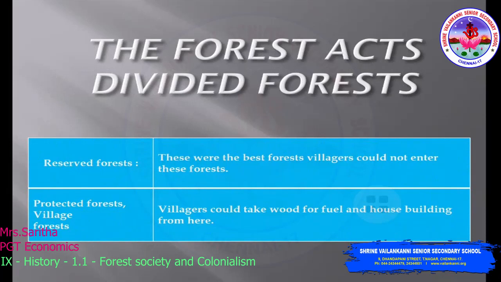Reserved forests were the best forests, and villagers could not enter them. In protected forest and village forest, villagers could take wood for fuel and house building.